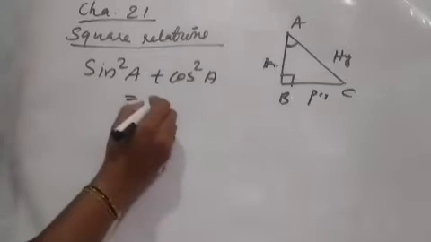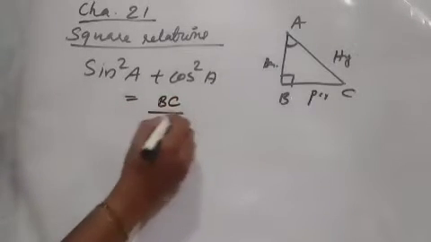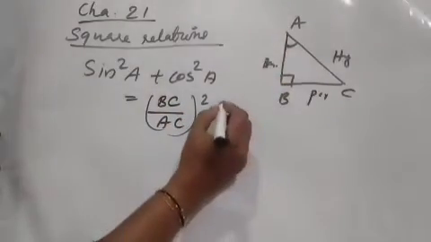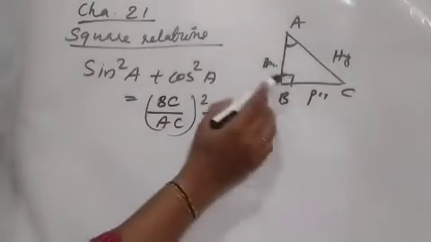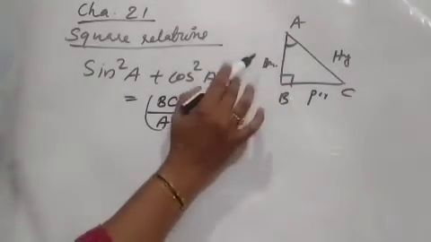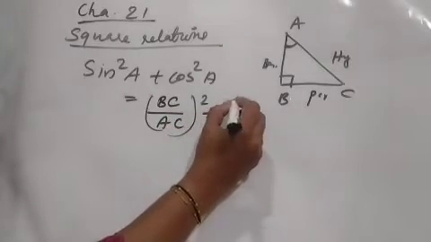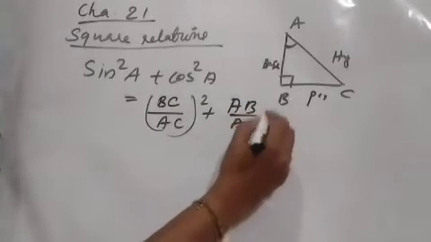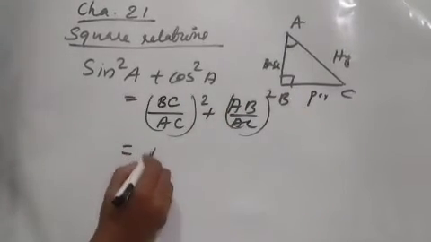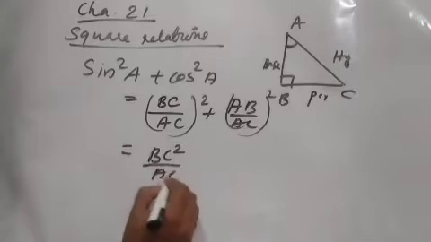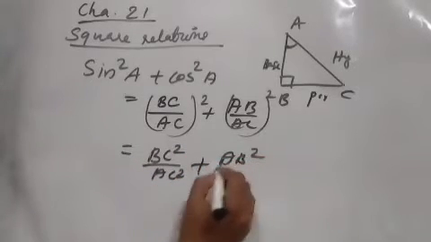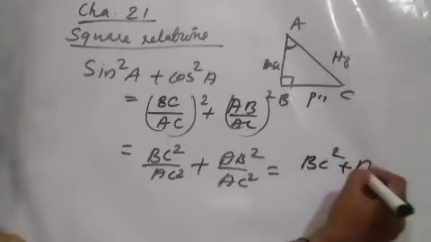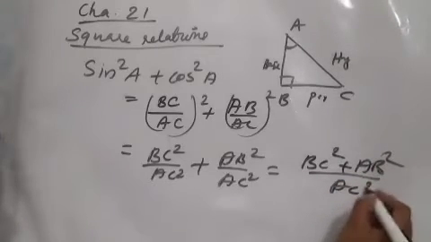So we can write BC by AC square plus cos A means base by hypotenuse, here base is AB by AC the whole square. That is BC square by AC square plus AB square by AC square. Have the common denominator, so we can write BC square plus AB square by AC square.